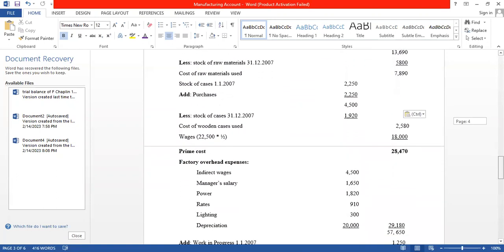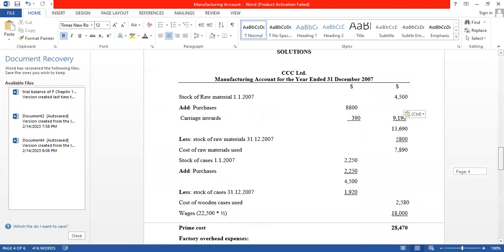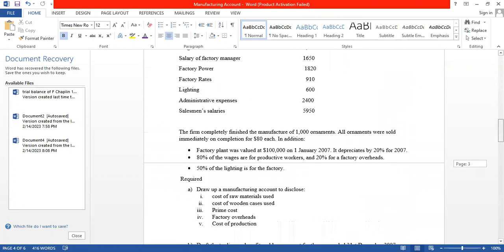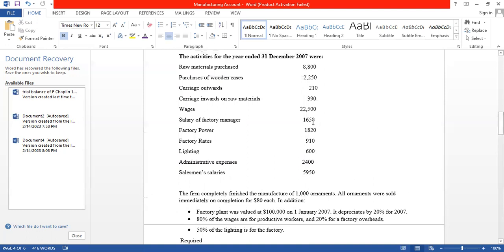All right, so we're now to add our purchases. Our purchases is $8,800 rather. Our carriage inwards is $390. We got it from here.